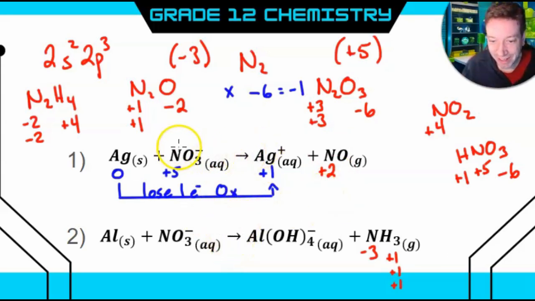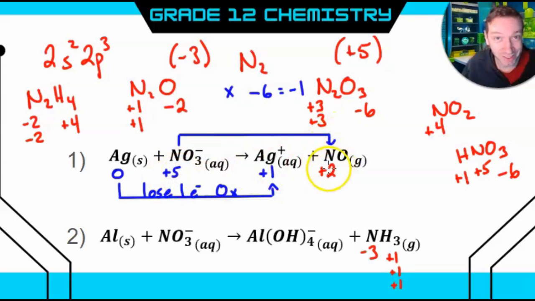Then if we look at nitrogen, so nitrogen is going from +5 to +2. Okay, its charge is decreasing, so we're gaining electrons. And specifically, we are gaining 3 electrons. If you gain electrons, Leo says Ger, you are reduced.